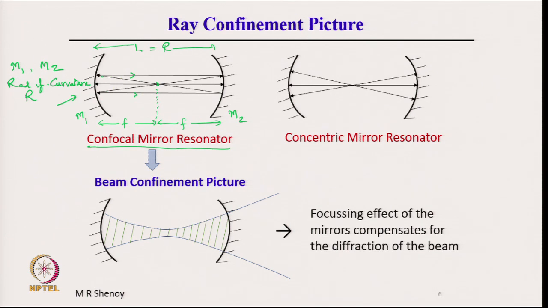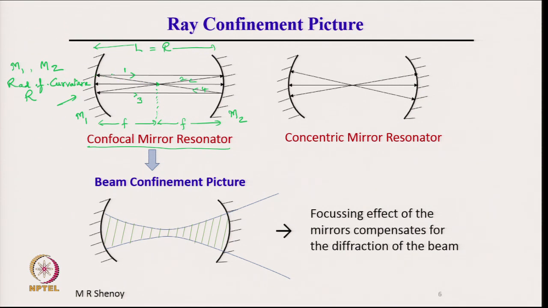So, this ray here, path 1, travels towards mirror M2, from here path 2 it travels towards mirror M1, and from here again it travels path 3 to mirror M2, and because it is a parallel ray which is travelling here, it will be focused again through path 4 towards the focus, and then it comes back to its original point.